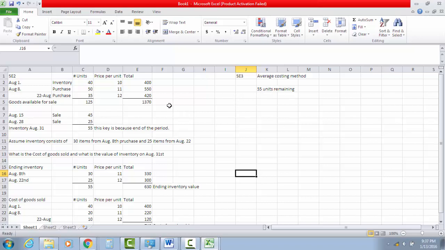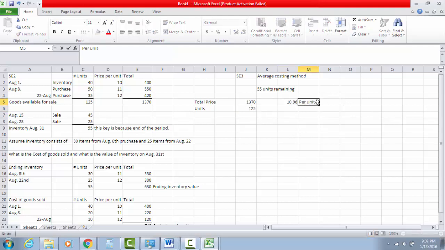So using that, we'll do the goods available for sale that we had in the original problem, 125, and the total price was $13.70. So we have the $13.70 and we have the units. So the average price is the total price divided by the units, which gives us $10.96 per unit.